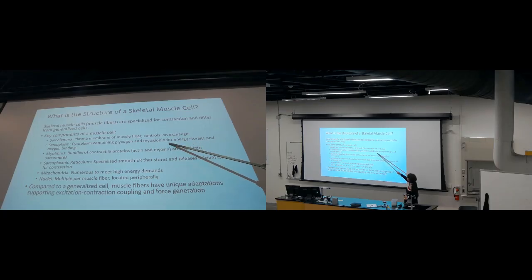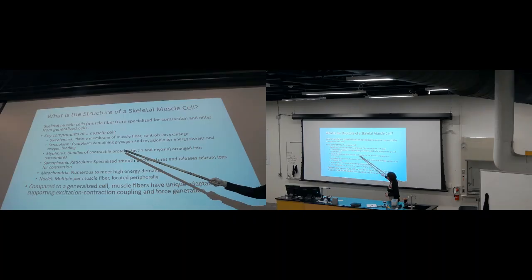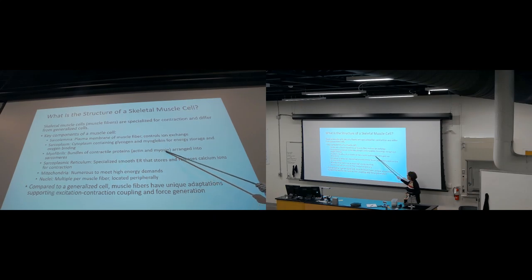And then they have this protein called myoglobin that is for energy storage and oxygen binding. Depending on the levels of myoglobin, you will have high oxygenation or low oxygenation. Then we have these contractile proteins, which are the myofibrils, actin and myosin, located in parallel.